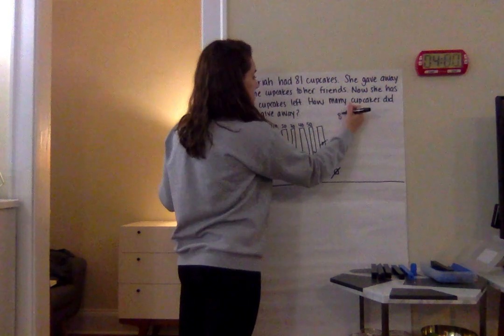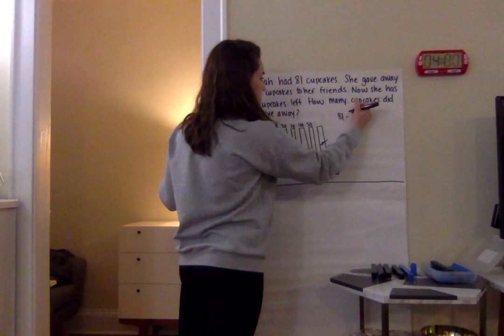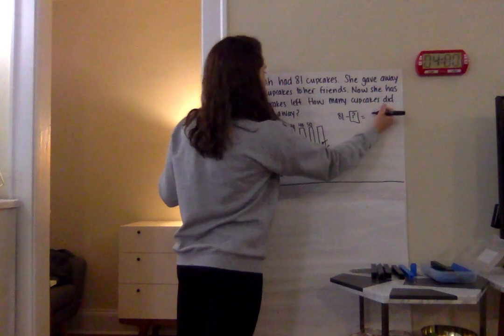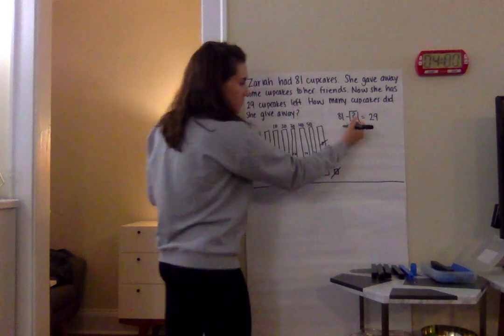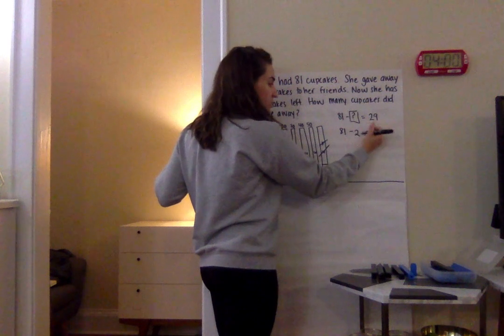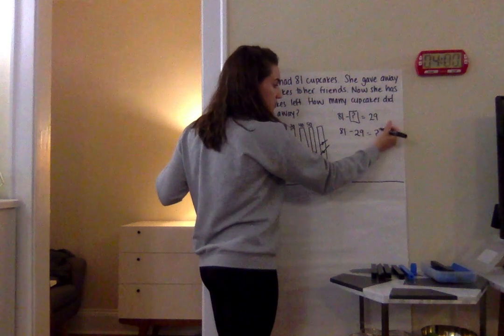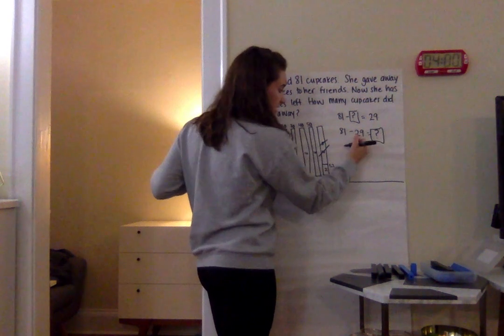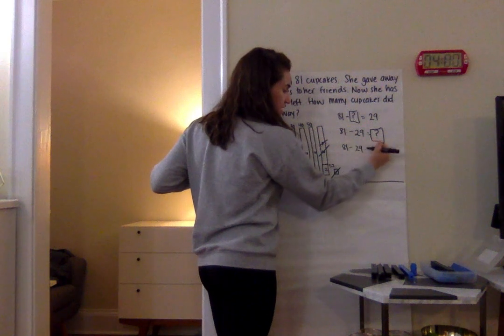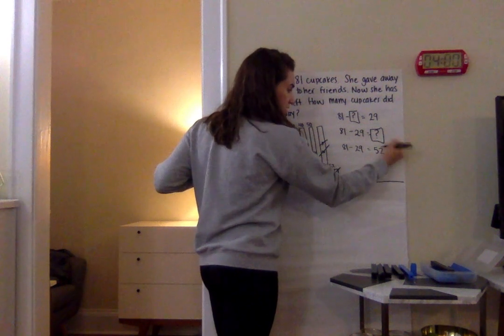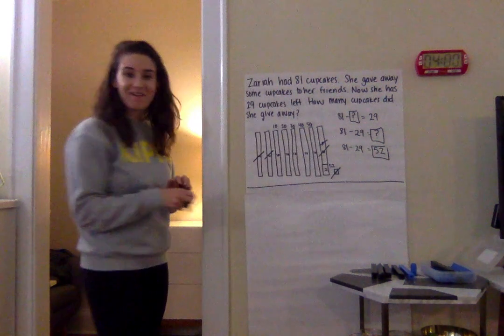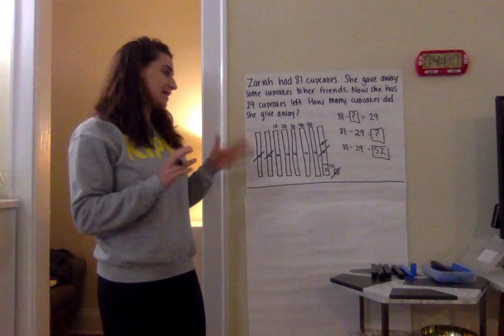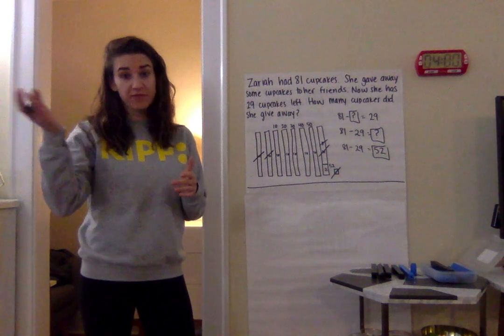So I know that 81 minus something equals 29, but I solved it by doing 81 minus 29 equals something, and that missing something, 81 minus 29 equals 52. Very nice, kiddos.